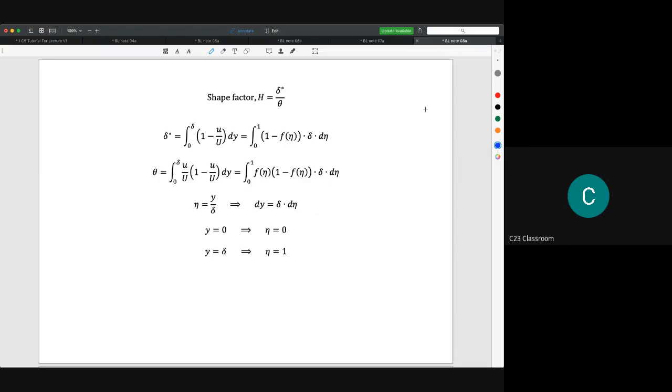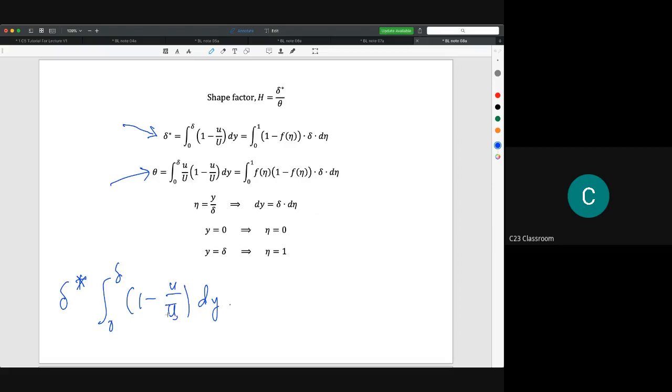However, if you want to solve the problem using eta, you need to change your equations for delta star and also the equation for theta. For example, normally, in previous notes, delta star is the integration from 0 to delta of 1 minus u over U dy.